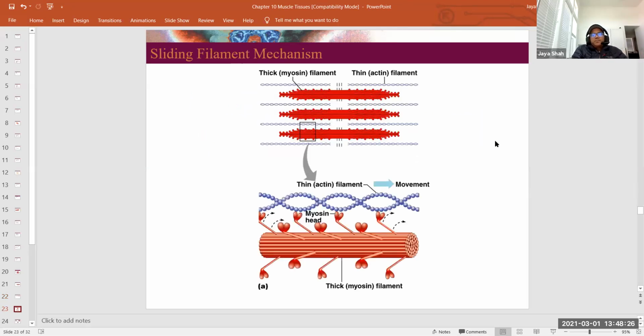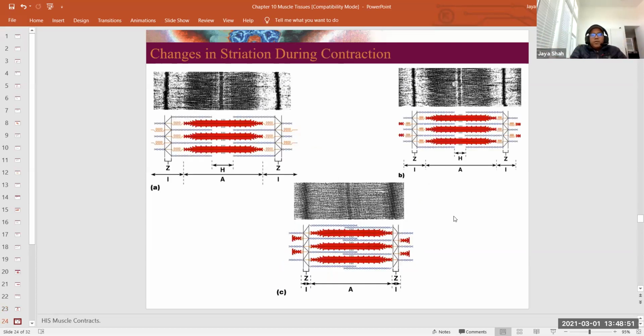You see here, this is the thin filament, actin, and this is the thick filament. The myosin head binds here, and then pulls towards the arrow, towards the center. So this is my Z disc, this is my Z disc, and when they bind, they pull towards the center and decrease the length of the sarcomere.